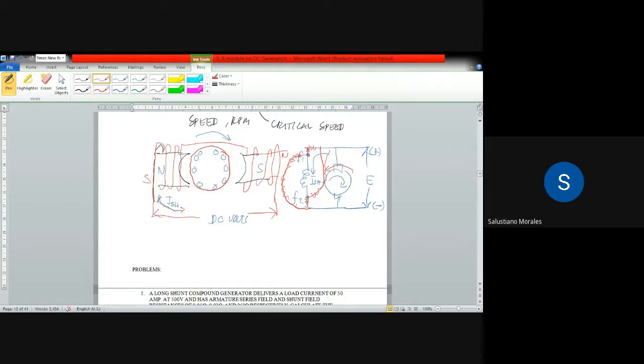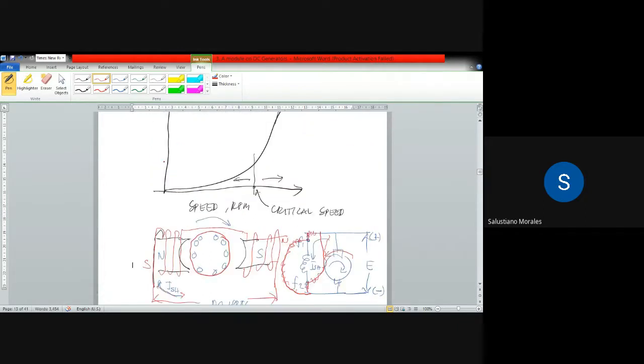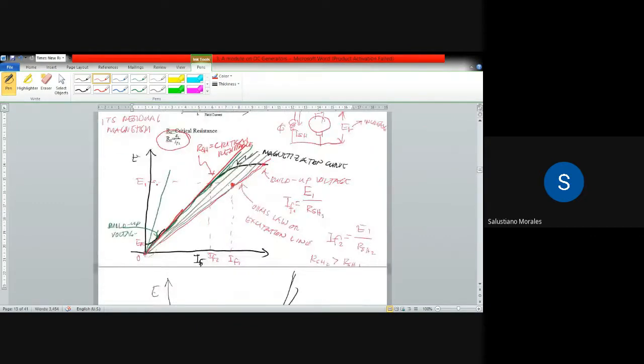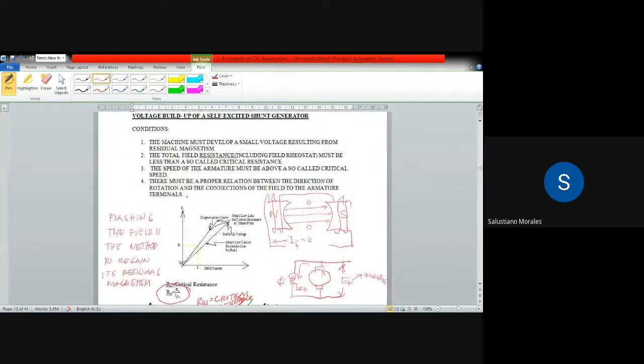So number four condition is there must be a proper relation between the direction of rotation and the connections of the field to the armature terminals. So kailangan ma-meet natin lahat ito in order to build up voltage for a shunt generator.